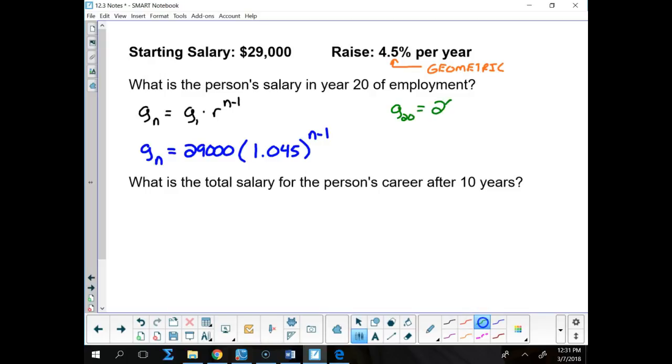So in year 20, that's going to be 29,000 times 1.045 to the 20 minus 1 power. 20 minus 1 is 19. 1.045 raised to the 19th power is 2.30786 times 29,000 gets me $66,929.95.